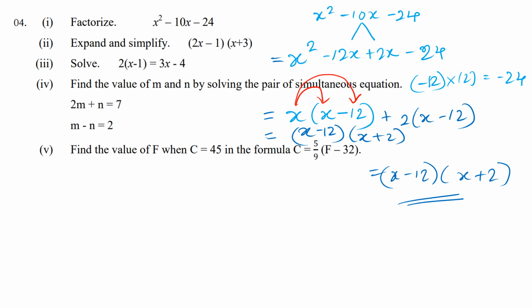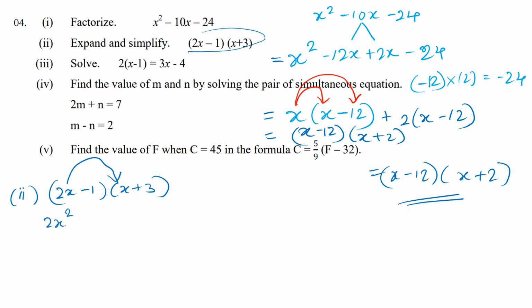So expand and simplify this expression. Let's do this: something like 2x minus 1 into x plus 3. You multiply this, you get 2x squared, and you multiply like this, you get plus 6x, and you multiply this, you get minus x, and you multiply this, you get minus 3.